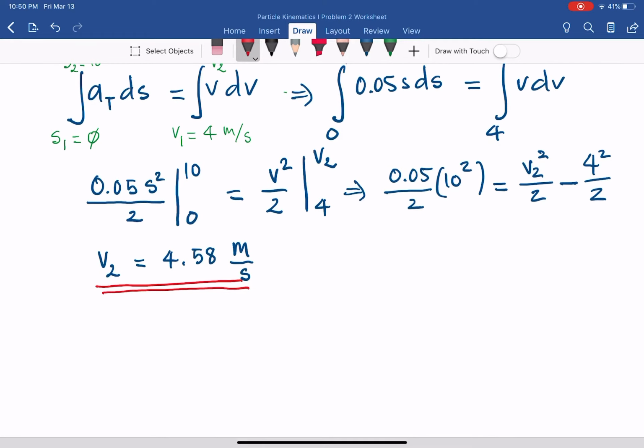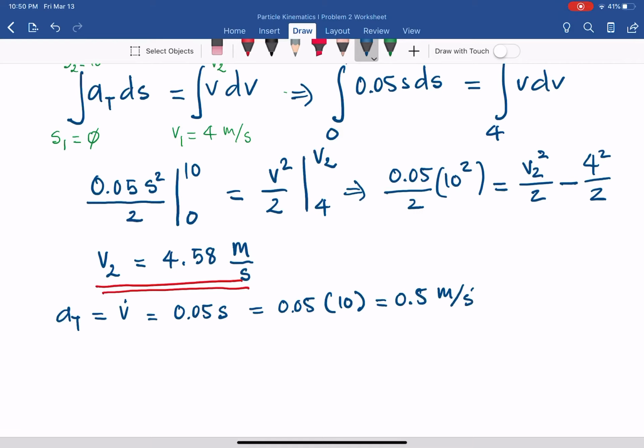In terms of acceleration, a_t is already given equal to v dot, and the equation is 0.05 times distance s as given in the problem. You can plug in 0.05 times 10 meters, so it will be 0.5 meters per second squared, the SI unit of acceleration.